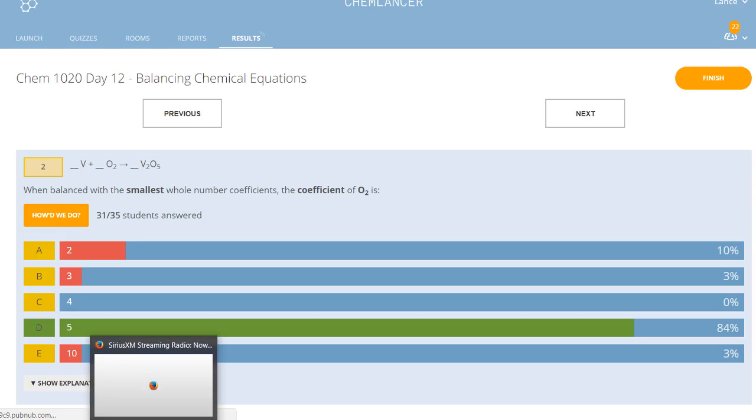Good. Next up, balance with the smallest whole number coefficients. Read these carefully, because these are how they are asked in multiple choice questions. When balanced with the smallest whole number coefficients, the sum of the coefficients is. Remember, if you don't write a coefficient, the coefficient that is implied is the number 1.